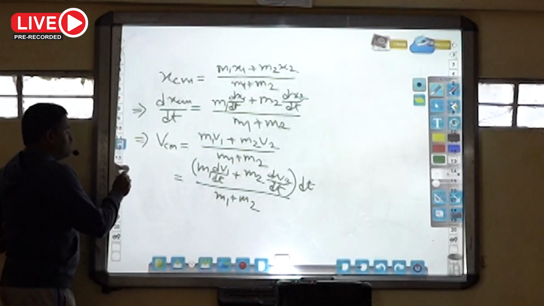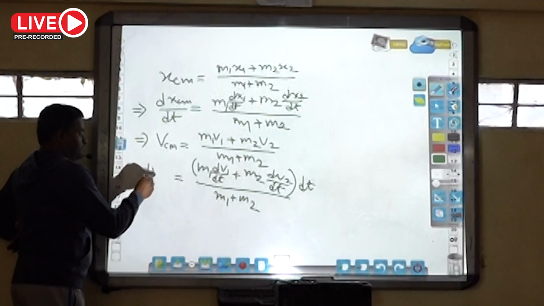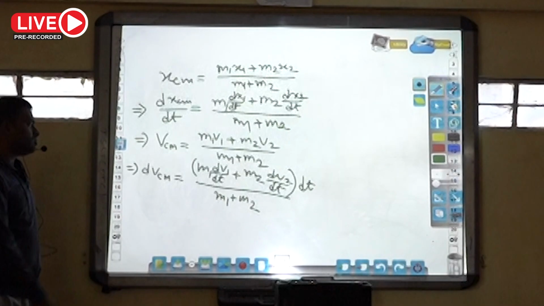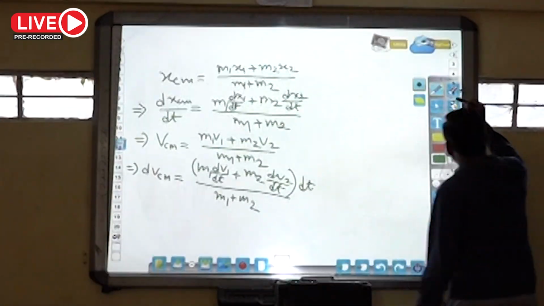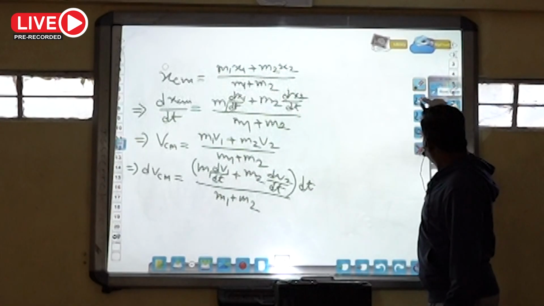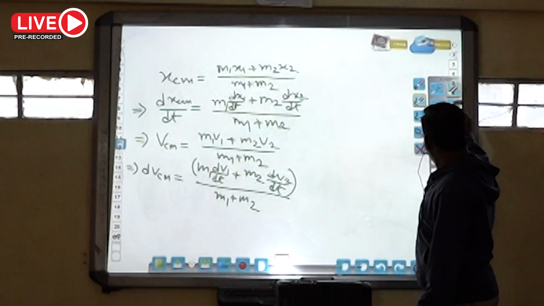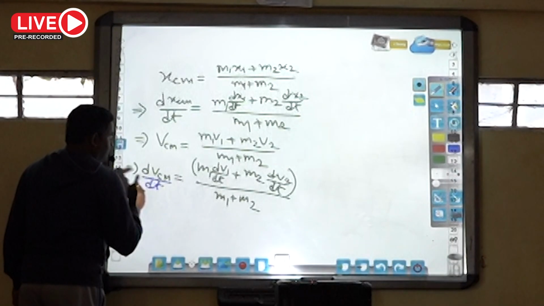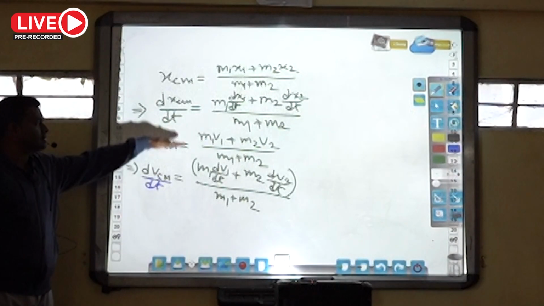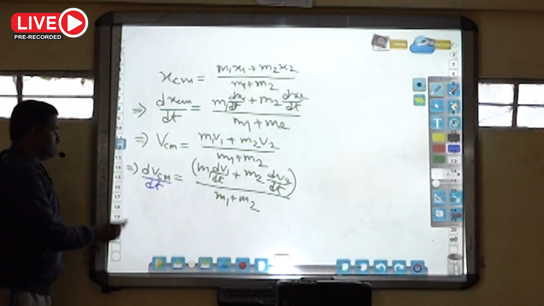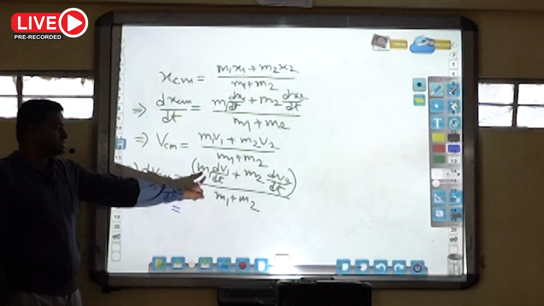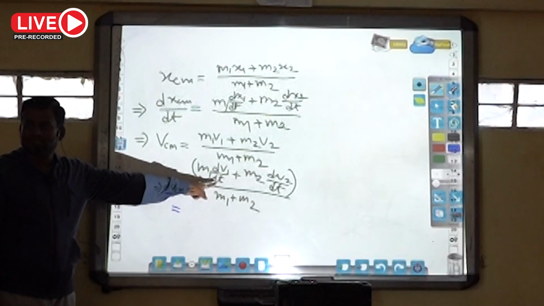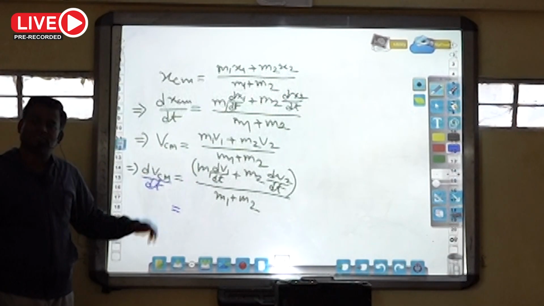But in that case, this will be dV_cm, meaning we are again differentiating both sides. Or you can also skip this dt from here and write it on that side. So again we are differentiating once. Then what we get here is mass into acceleration of the first particle, that is the force on the first particle.